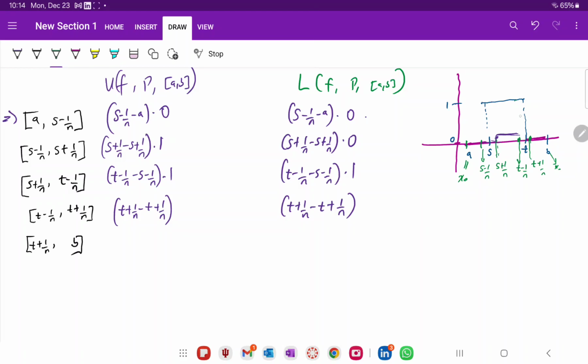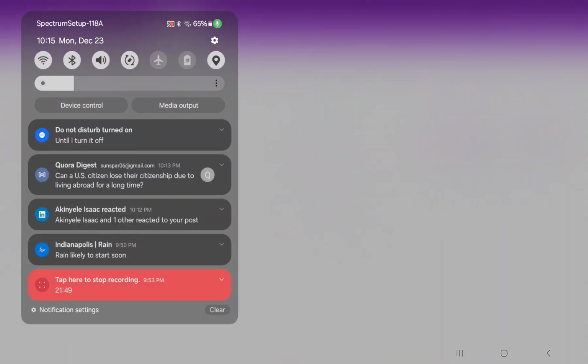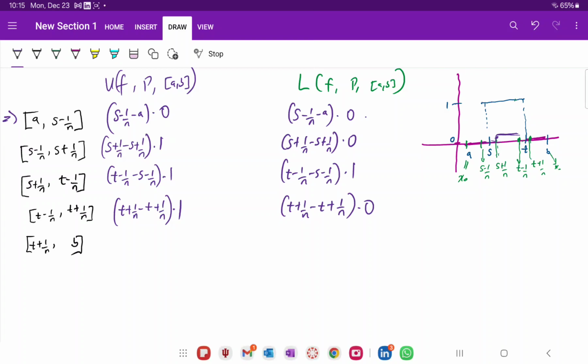So the supremum, which is the least upper bound, here will be 1, whereas the greatest lower bound will be 0. So I hope that is clear, and if there's a question, you can drop your question in the comment box. I'm going to attend to it.